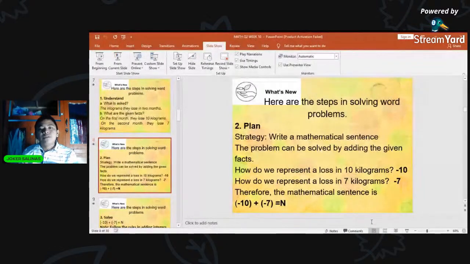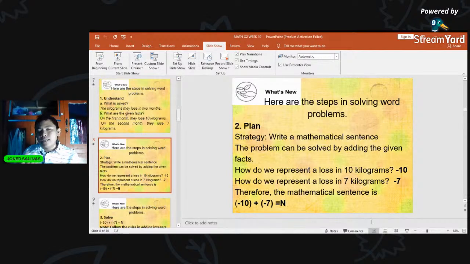We represent it as negative 10. How do we represent a loss of 7 kilograms? We represent it as negative 7.